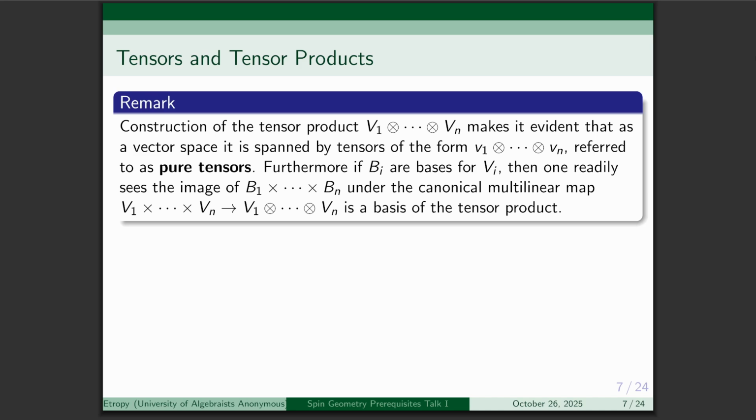When they do possess a basis, they're called free, and so over a field, all vector spaces are free.